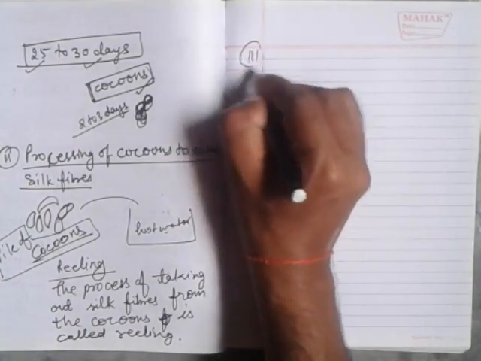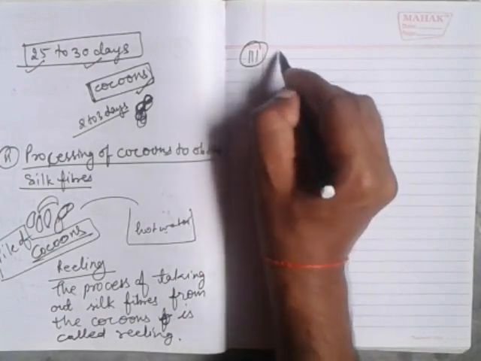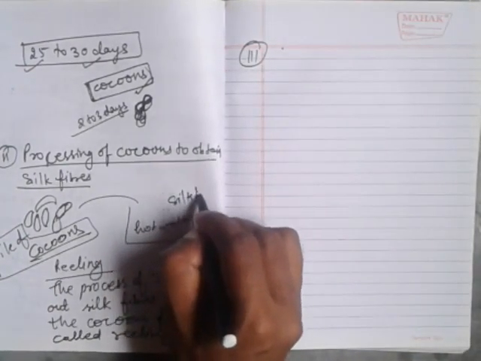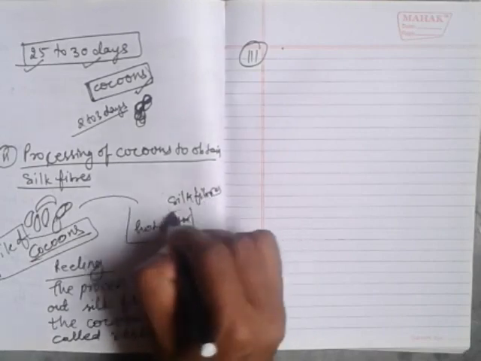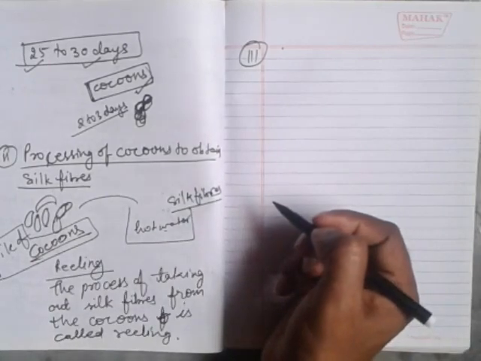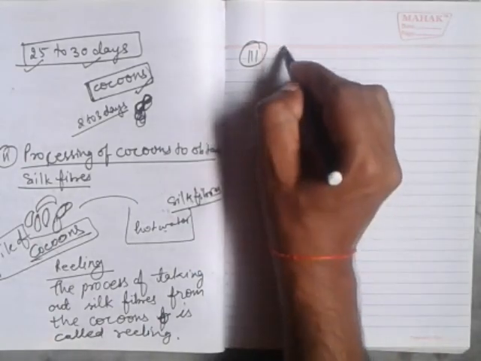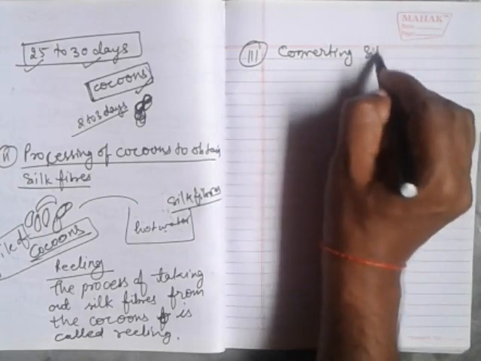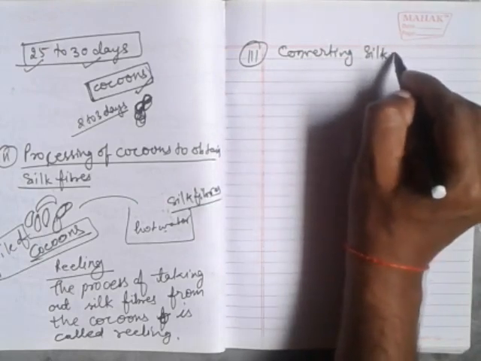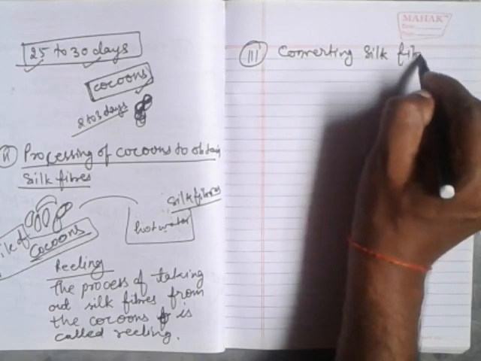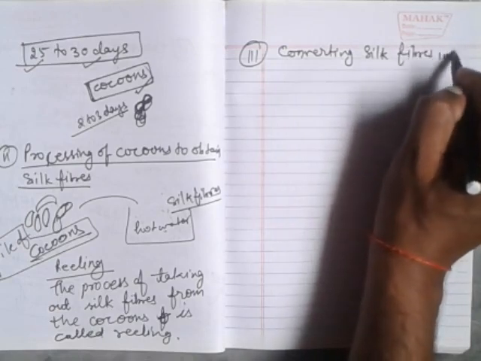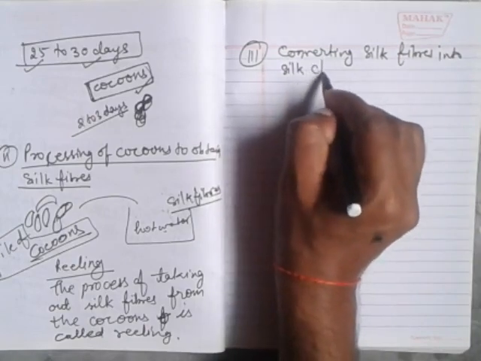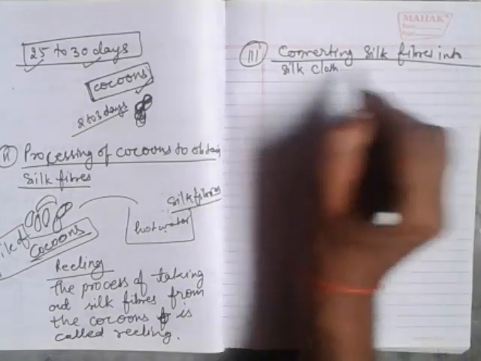And in the last stage, after obtaining the silk fiber, these are converted into silk cloth. So converting silk fibers into silk cloth or fabric.